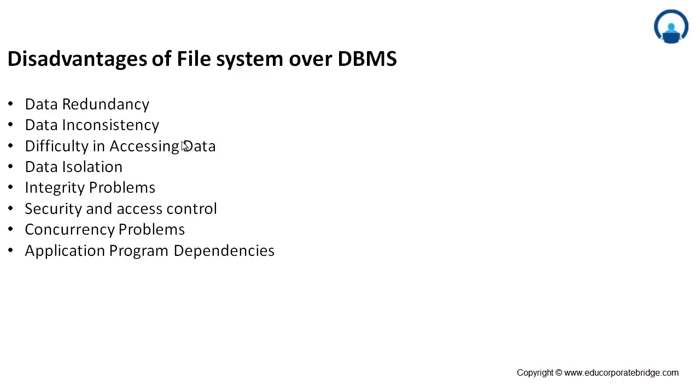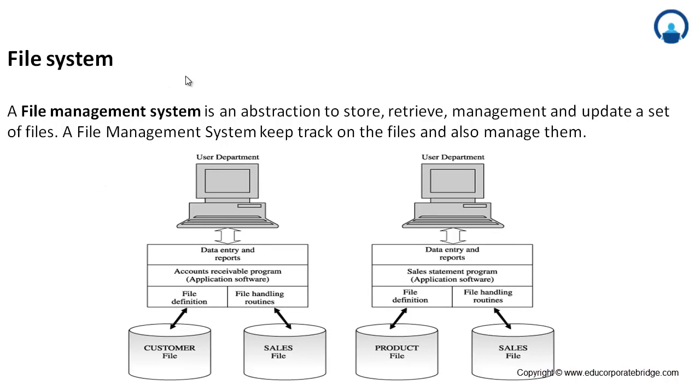Suppose, we will come back to this slide again, user A is logged into the system. He has performed some operations on data entry or accounts, so whatever information is generated here is stored in a file.